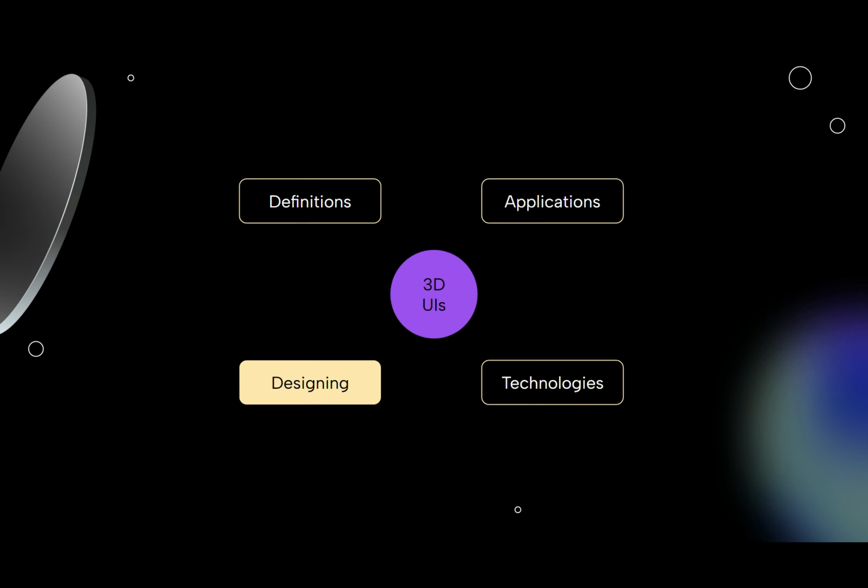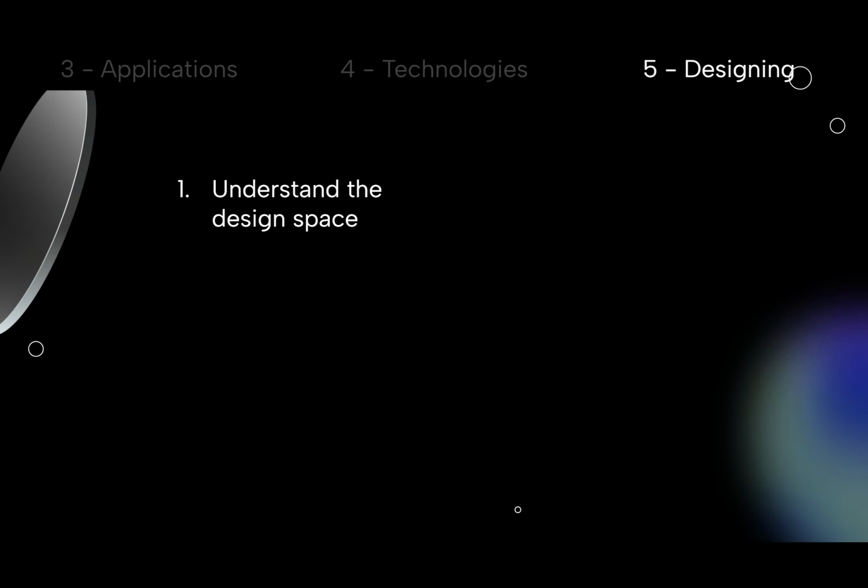Last but not least, the most important point as a designer is how to design usable 3D UIs. Some key principles to consider include, first, understanding the design space. We must have a clear understanding of the unique aspects of 3D interaction, including the spatial dimensions and the way users physically move and engage within the interface.